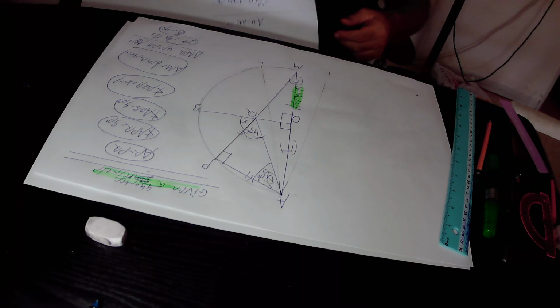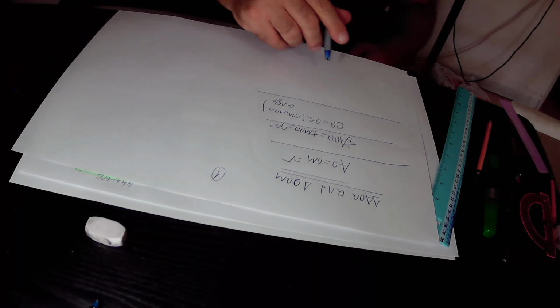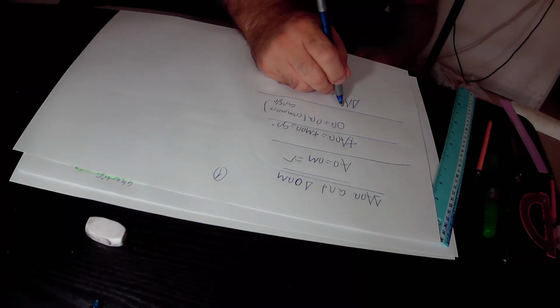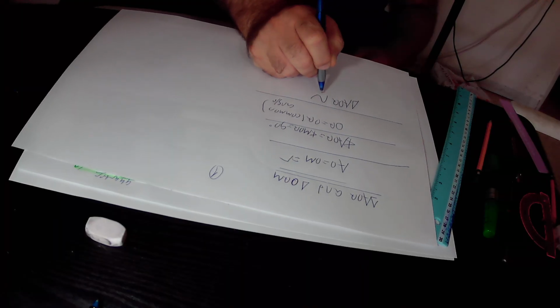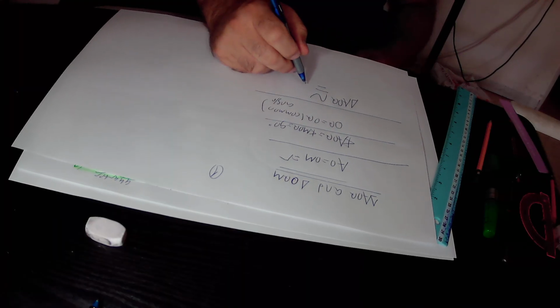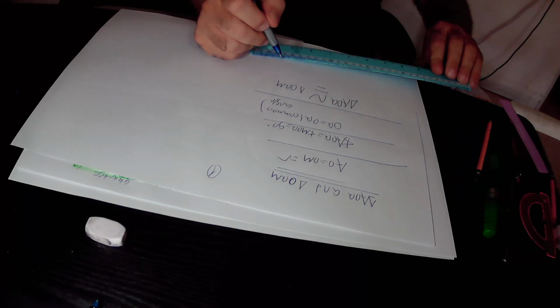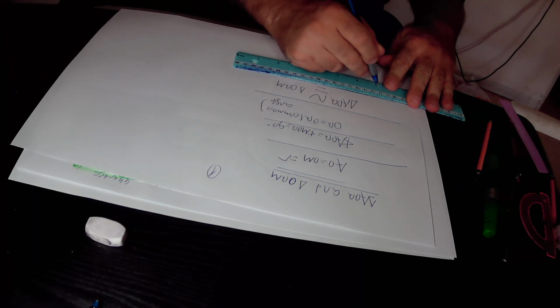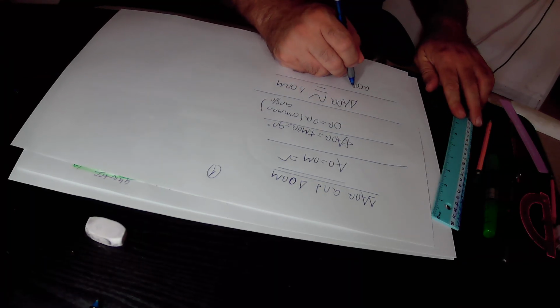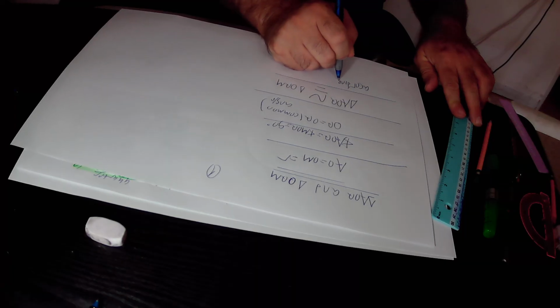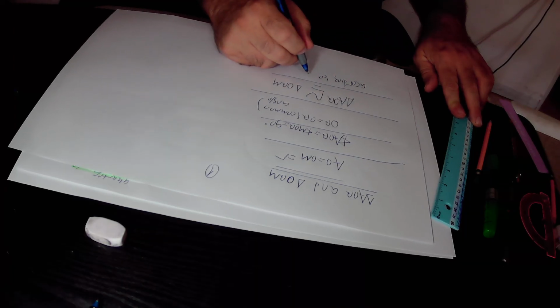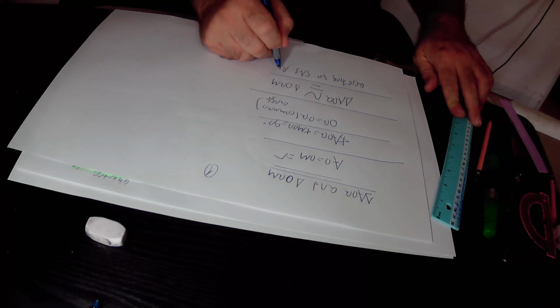So right now, we have found out that the upper right triangle AOQ is congruent, this is the sign of congruent, to the lower right triangle OQM according to the side angle side rule.